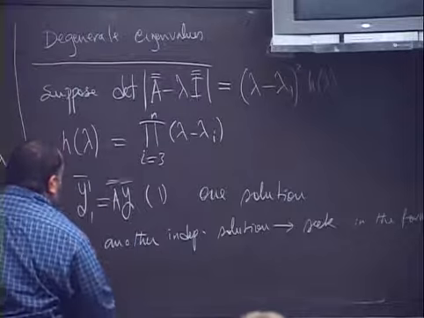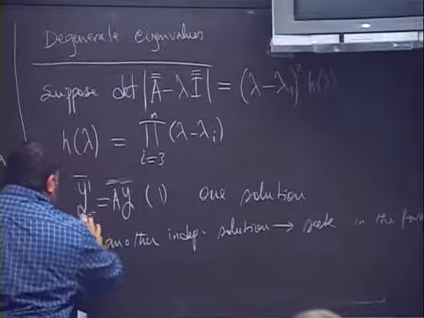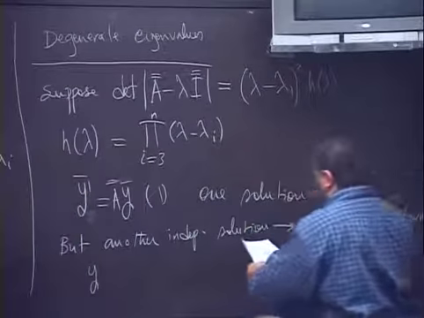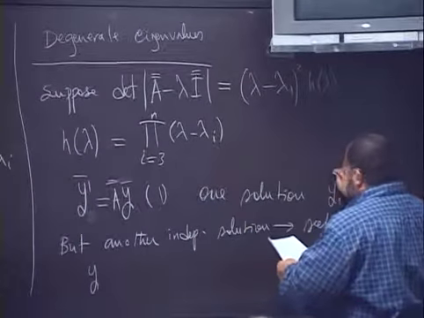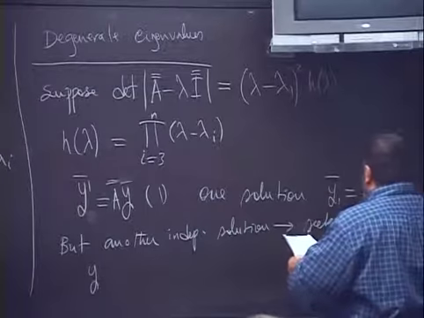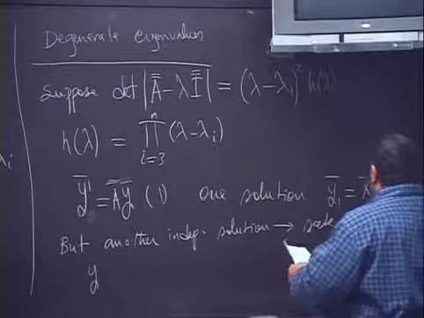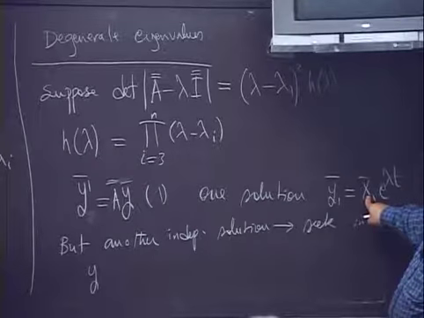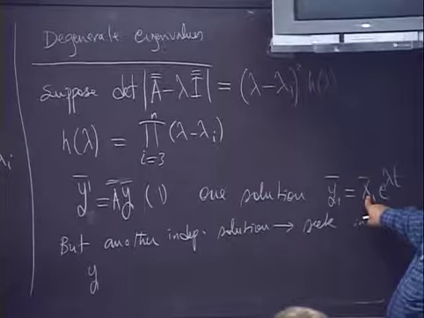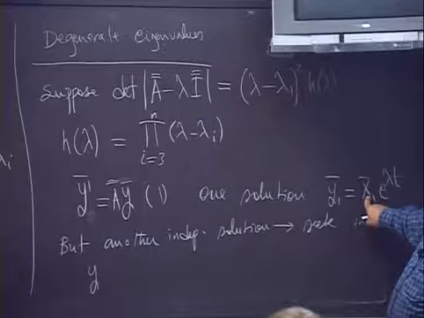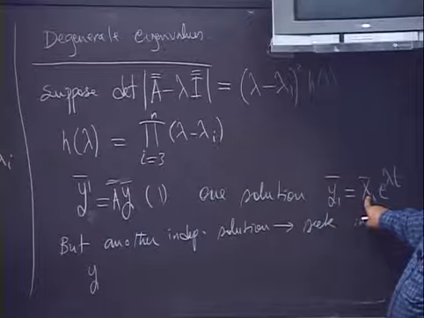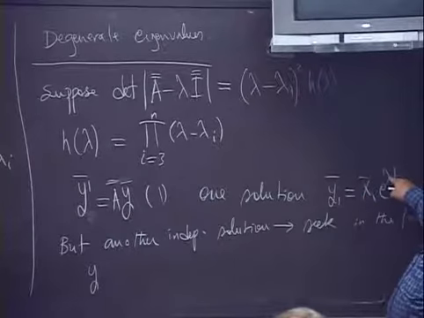This is the general formula. One solution will be y1 equal to x1 e to the power of lambda t. So again, x here is the eigenvector, but it's a vector of constants. It does not have the independent variable t. Yes?